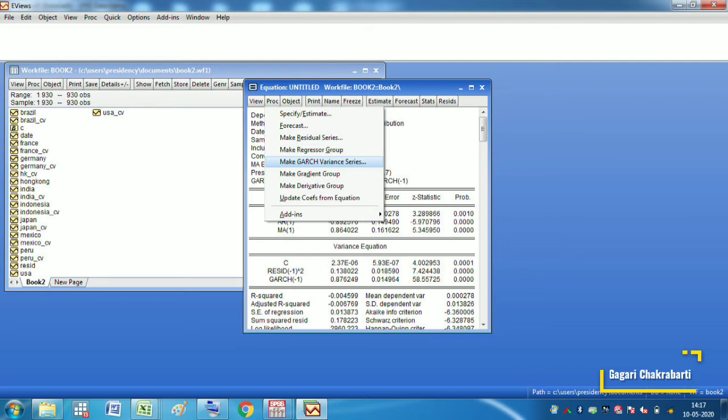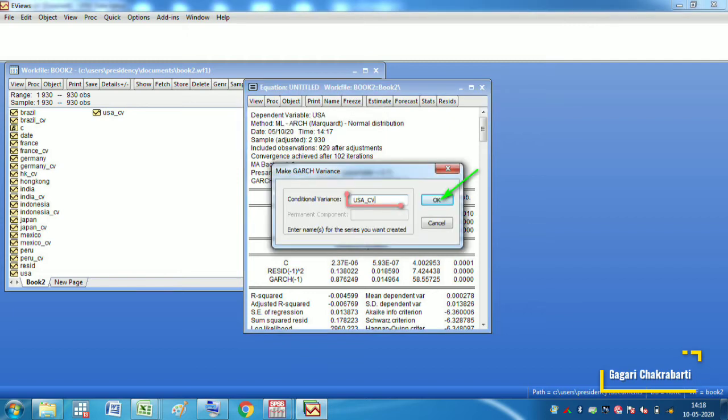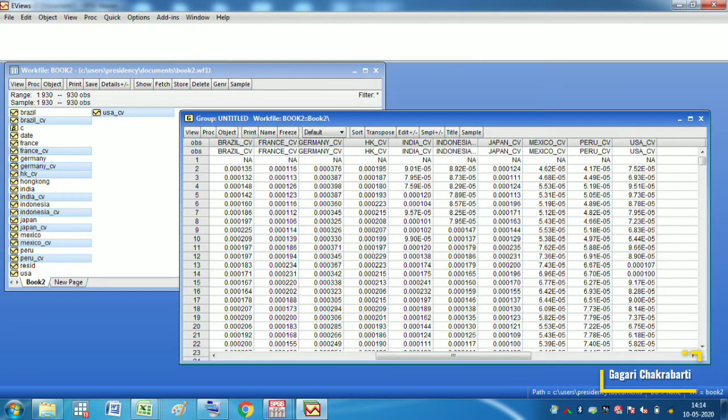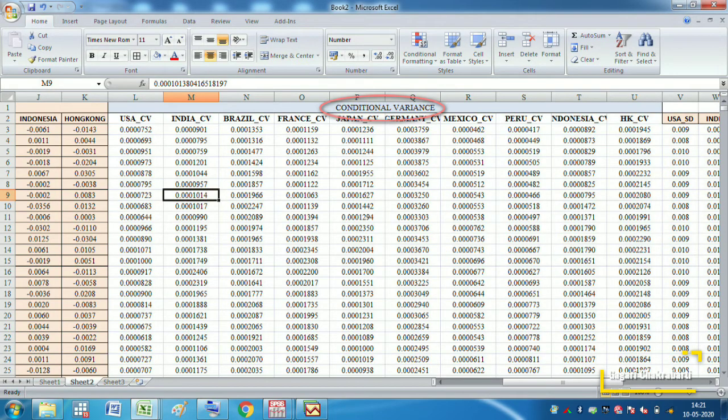It has been given a suitable name also. For example, I am using the name USA_CV here. In this way, conditional variances for all the markets have been saved. Now the data has been sent to Excel for calculating the risk-adjusted return.